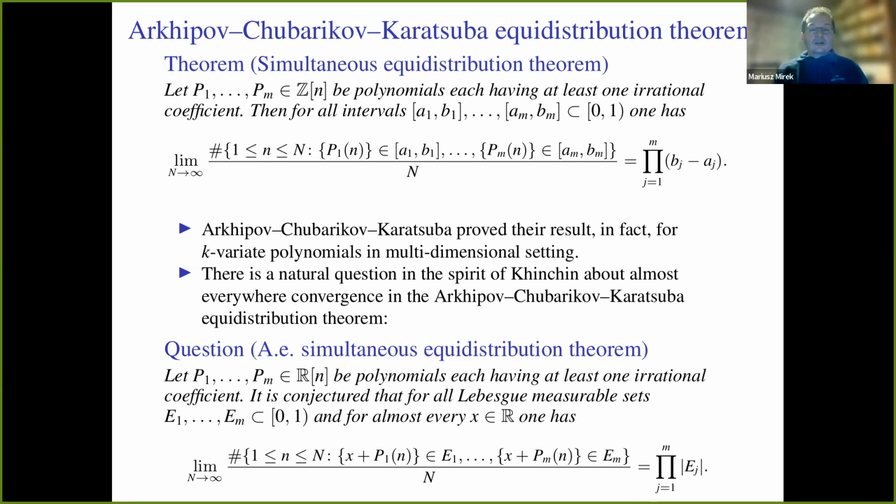It's conjectured that for all Lebesgue measurable subsets of the unit interval, and for almost every x, we have the following convergence whenever the underlying polynomials each have at least one irrational coefficient. This problem is very closely related to norm and pointwise convergence for multiple ergodic averaging operators.